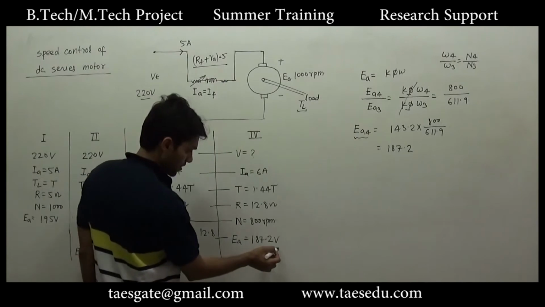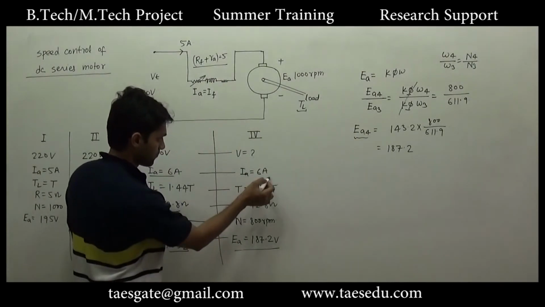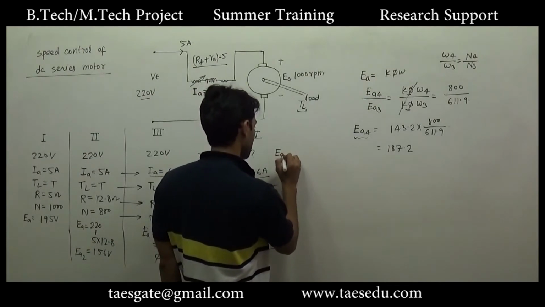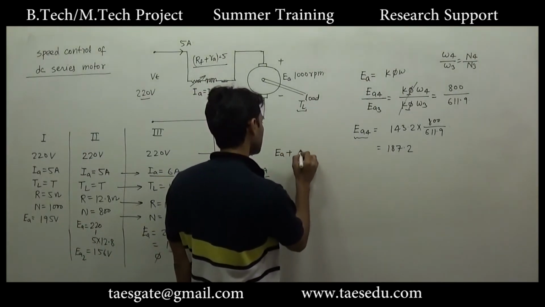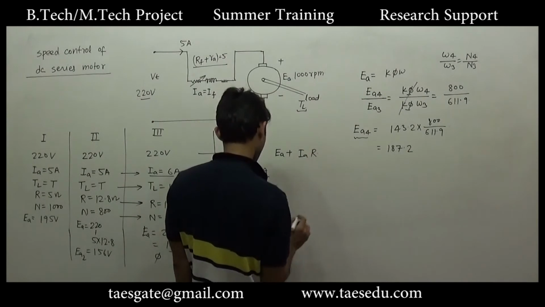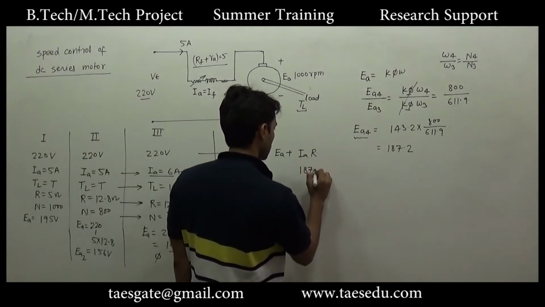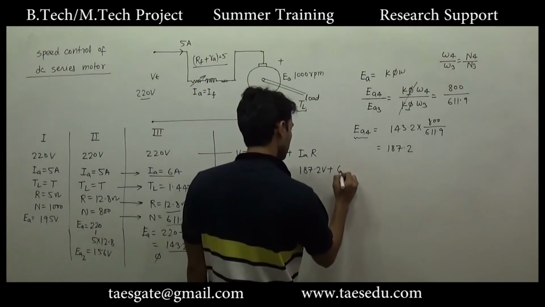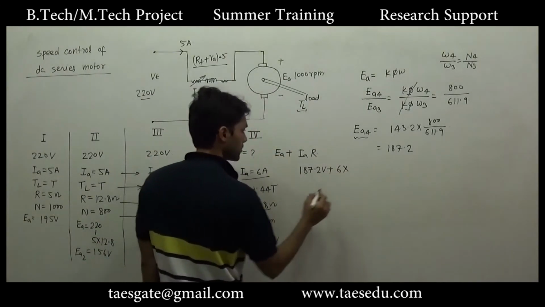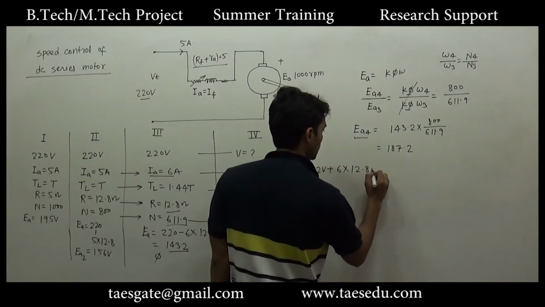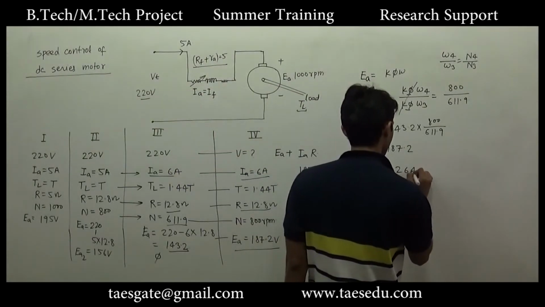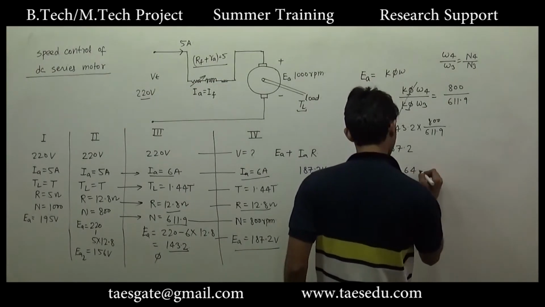Now you have armature voltage, you have current, and you have resistance. So V is equal to armature voltage plus IA into R. This is 187.2 volt plus IA, which is 6 ampere, into resistance, which is 12.8 ohm. That gives 264 volt.